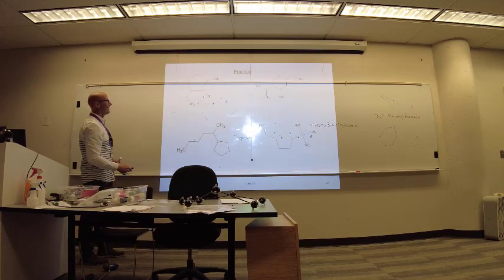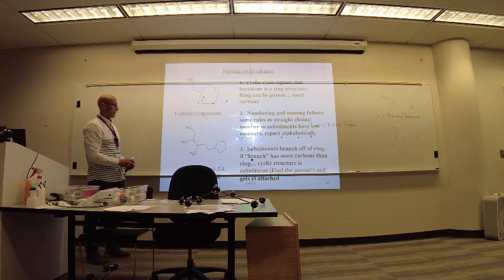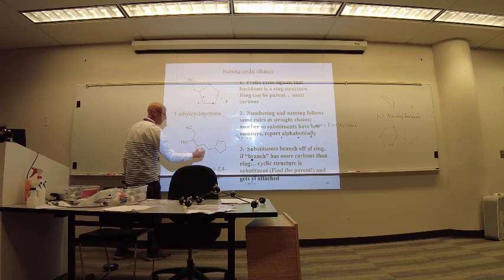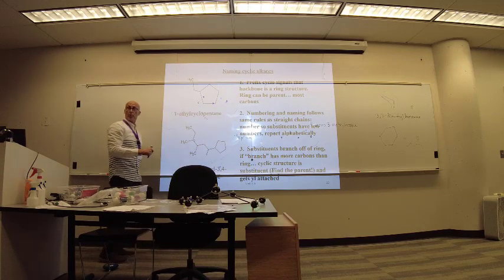Sorry, do you mind going back? Yeah, I don't mind at all. How does the cyclopentyl work, if the 1 starts off? This is 1, and the branch on 1 is a cyclopentyl group.